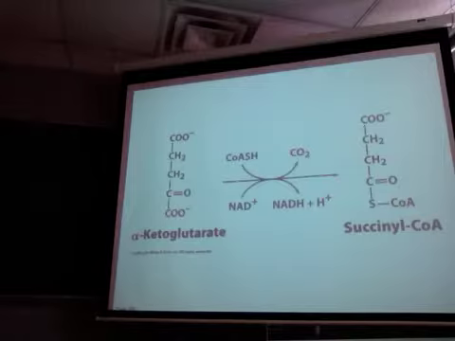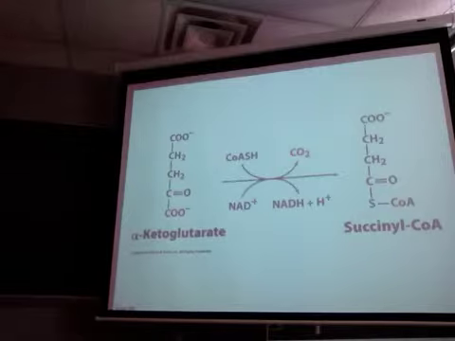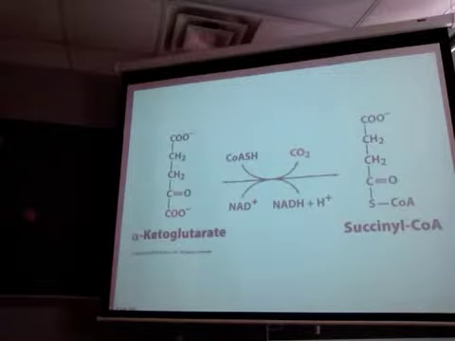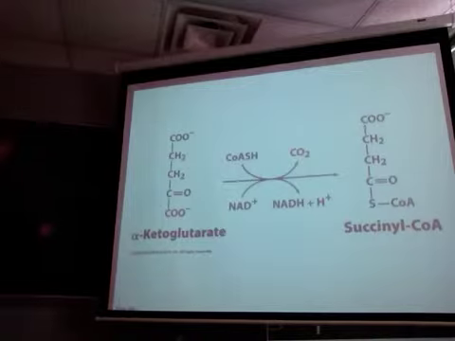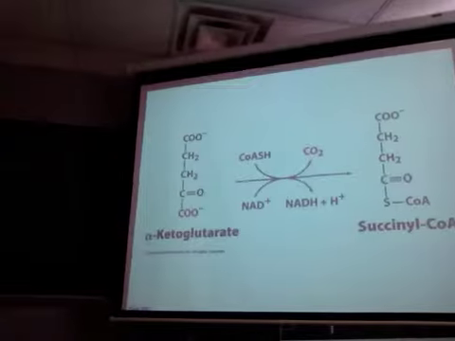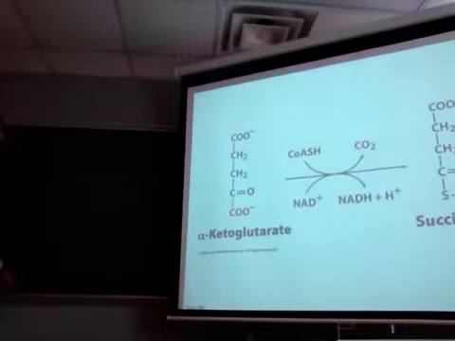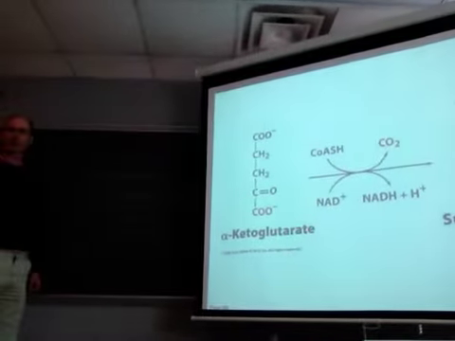Alpha-ketoglutarate dehydrogenase structurally is very similar to pyruvate dehydrogenase. As a matter of fact, it shares E2 and E3 subunits with pyruvate dehydrogenase.